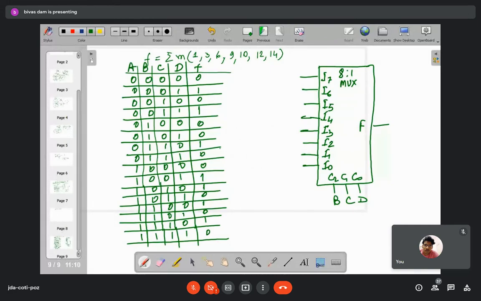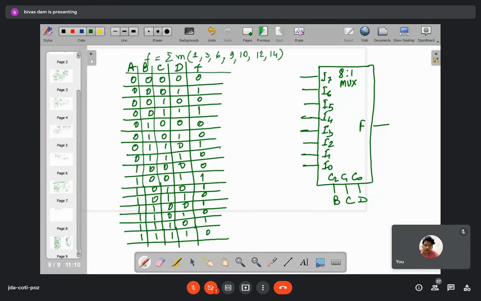But now what happens? Depending upon the combination available at BCD, one of the 8 input lines will get connected to the output. Depending upon the pattern available in BCD, that can be 0, 0, 0 to 1, 1, 1. How many patterns? 8 patterns.